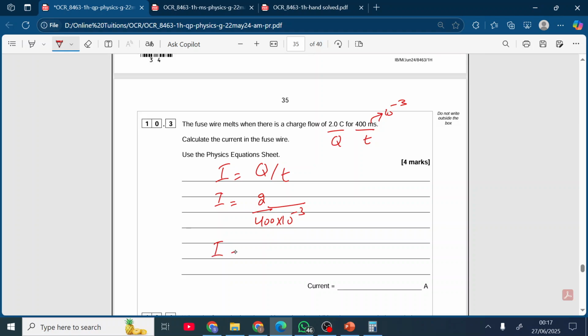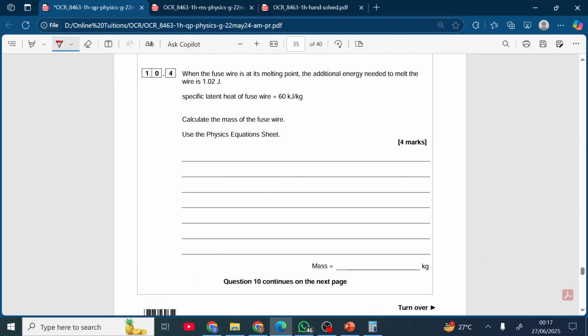So we get 5 coulombs per second, which is actually amperes, and in short we write that as A. So therefore 5 A is the answer.